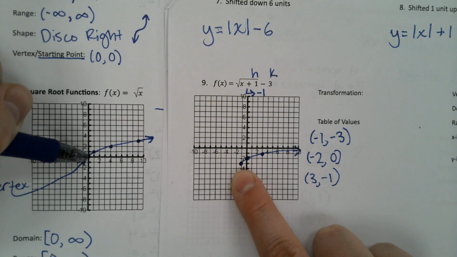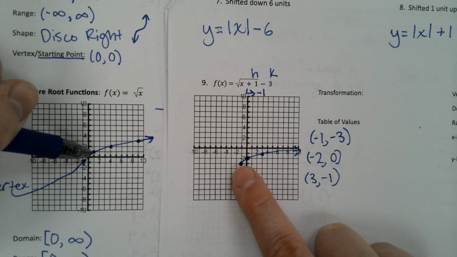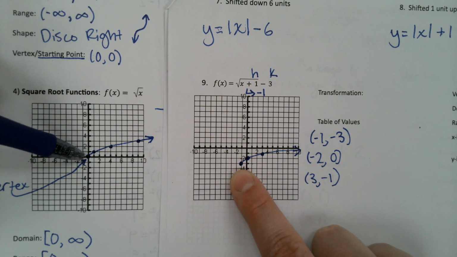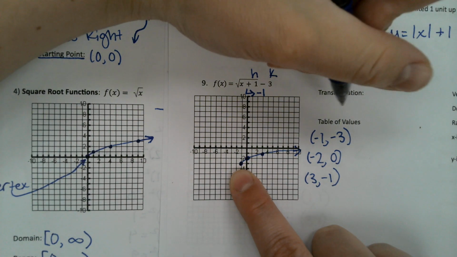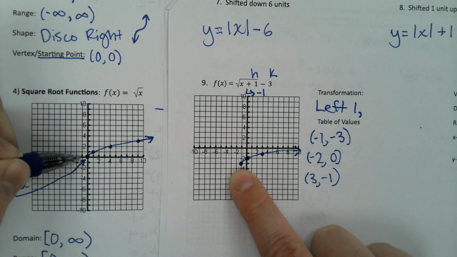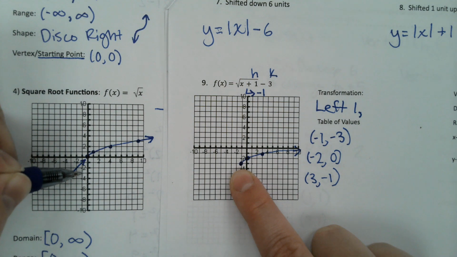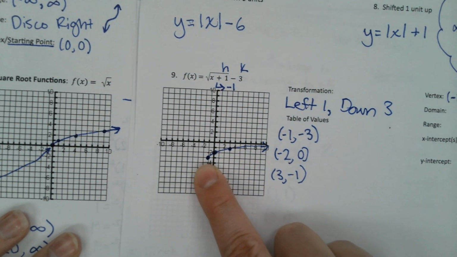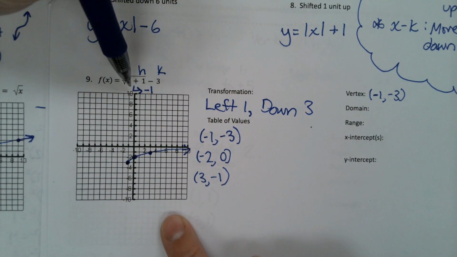So it starts at 0, 0, and then we want to do left or right first. So to get it from here to here, it's going to move left 1, and then down 3. To tie it back into the equation, it's what we said here.